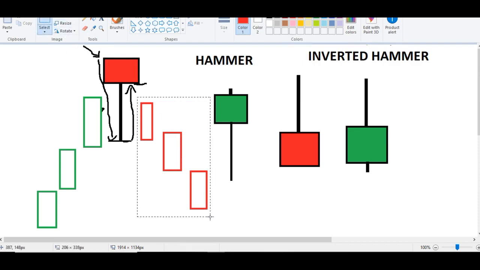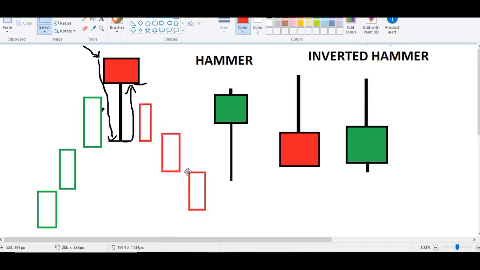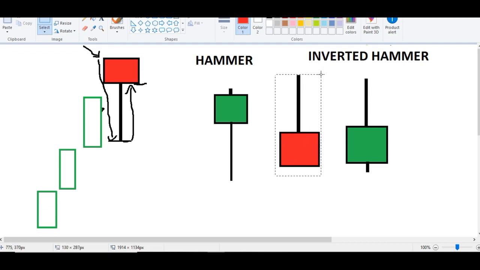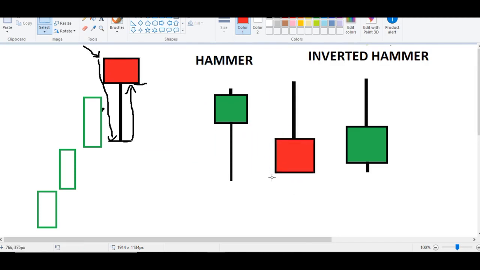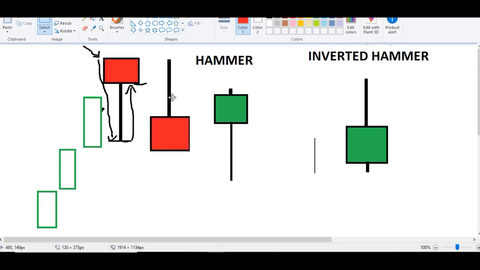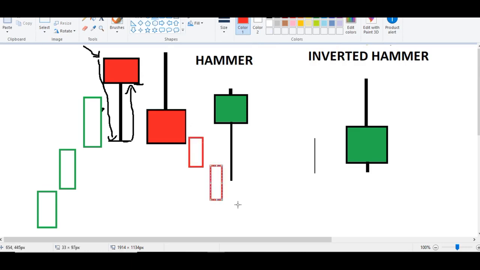Now, what makes the case for a reversal even stronger is if we see an inverted hammer in this place. Right? If we see an inverted hammer here, this is an even stronger signal of a trend reversal. Okay, now why is that?